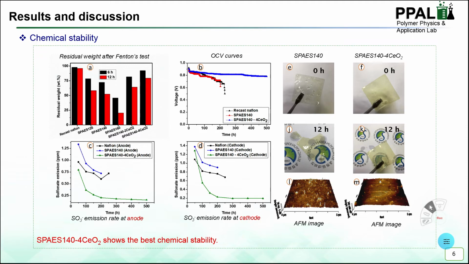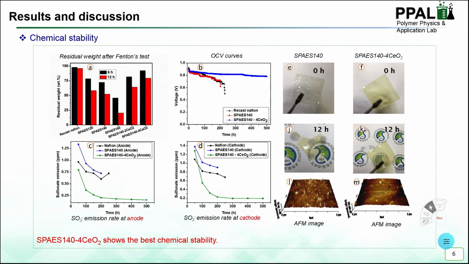Thus, the radical will easily come inside the membrane and attack the polymer structure to degrade it. When we compare membranes with the same 140% of the sulfonic acid group, the residual weight of the membrane after the Fenton test increases with the addition of the cerium oxide.